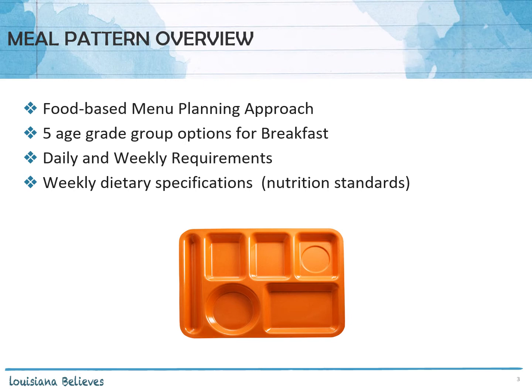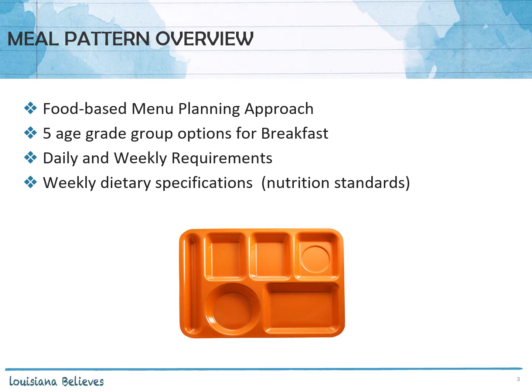Schools use 3 same age grade groups for planning breakfast and lunch: grades K-5, 6-8, and 9-12. Breakfast also has the option to use combined age grade groups, such as K-8 or K-12. These age grade groups provide age-appropriate meals.